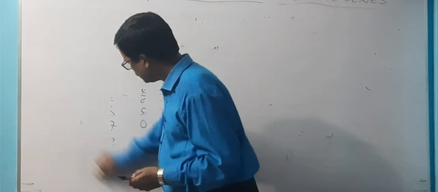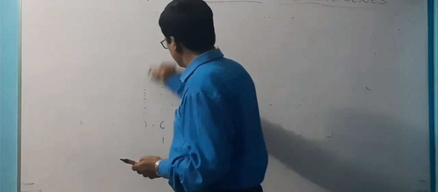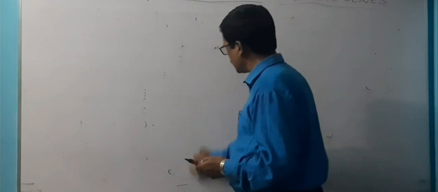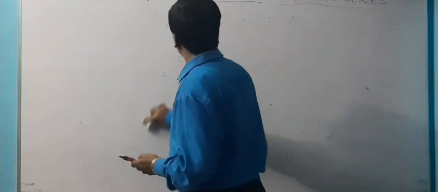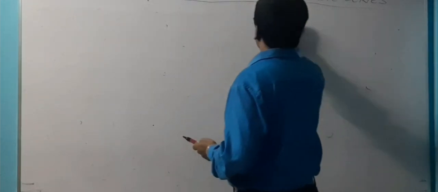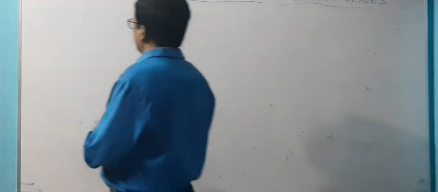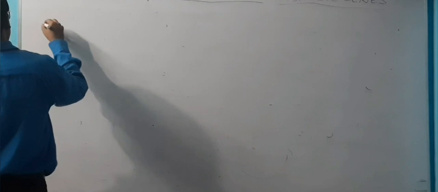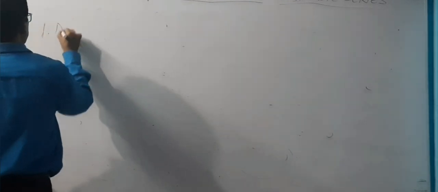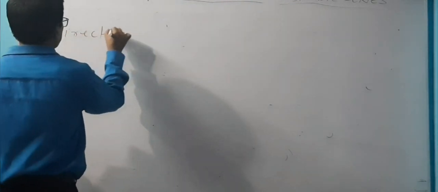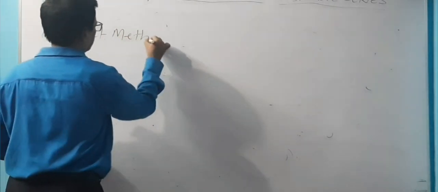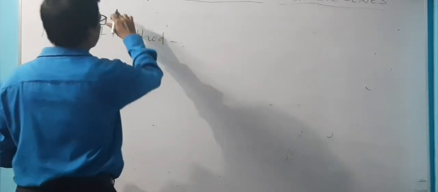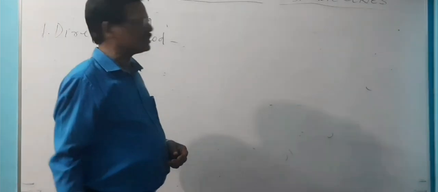Number one is the direct method. What is the formula of the direct method to calculate arithmetic mean in a discrete series?